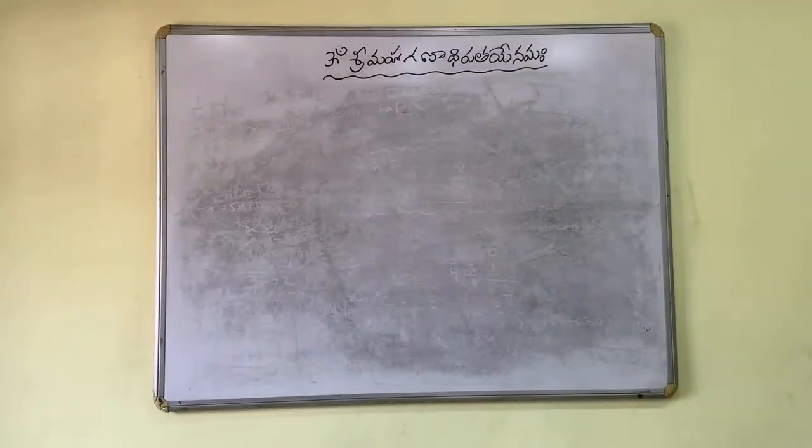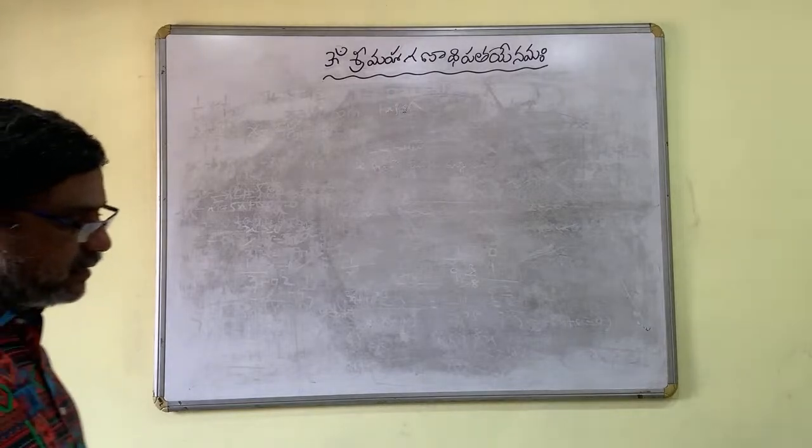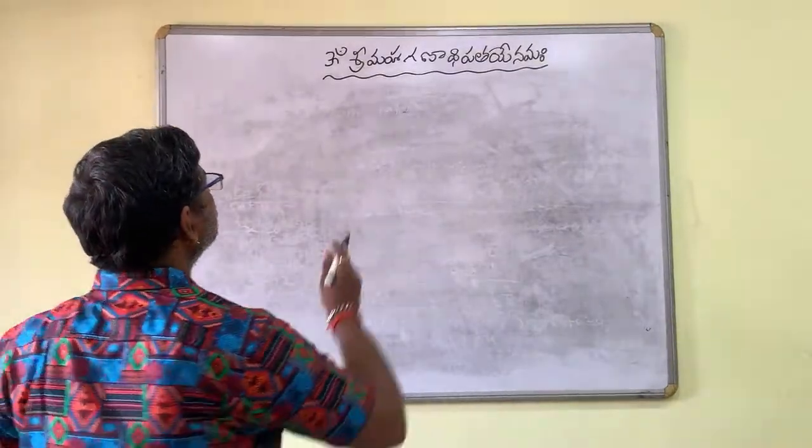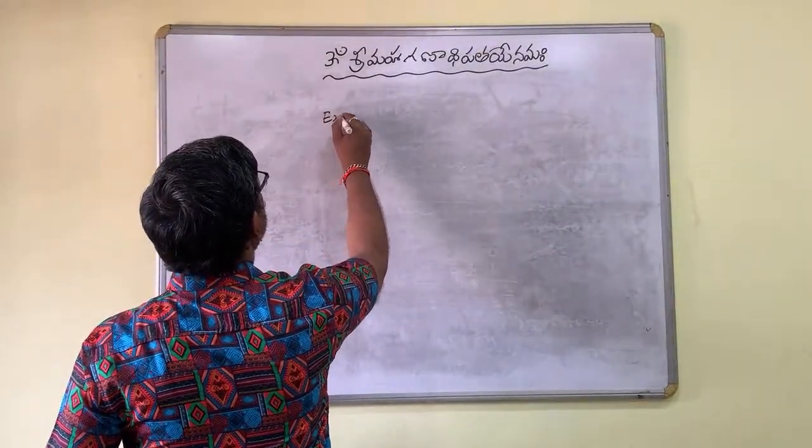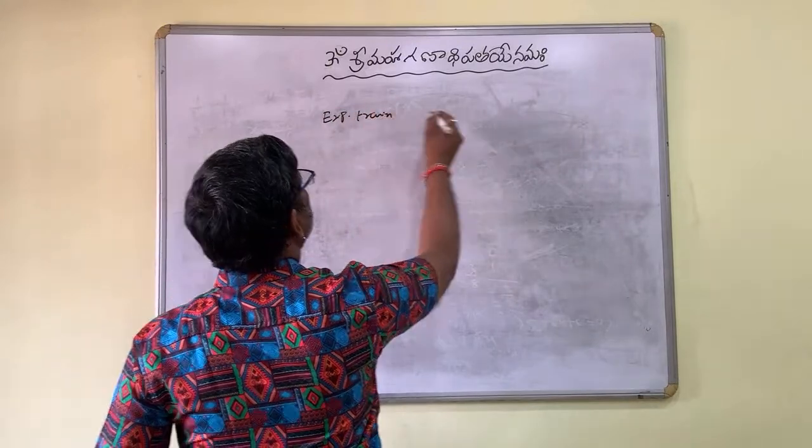An express train takes 1 hour less than a passenger train to travel 132 kilometers between Mysore and Bangalore. If the average speed of the express train is 11 kilometers per hour more than the passenger train, find the average speed of the two trains. See here, there are two trains, express train and passenger train.